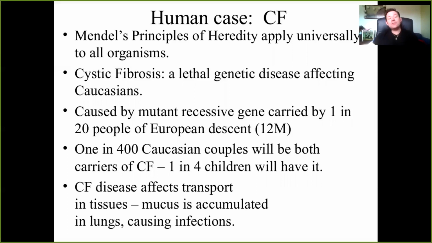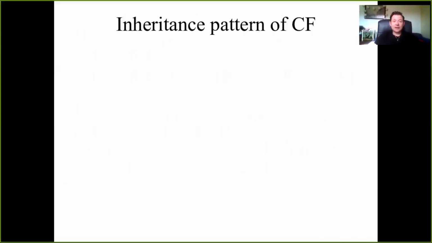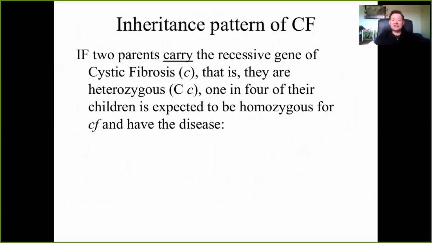So cystic fibrosis disease affects transporting tissues. Mucus accumulates in the lungs, causing infections, causing lung damage, eventually causing lung failure. Inheritance pattern of cystic fibrosis. If 2 parents carry the recessive gene of cystic fibrosis, lowercase c, that is, they are heterozygous big C, little c, 1 in 4 of their children is expected to be homozygous for cystic fibrosis and have the disease.